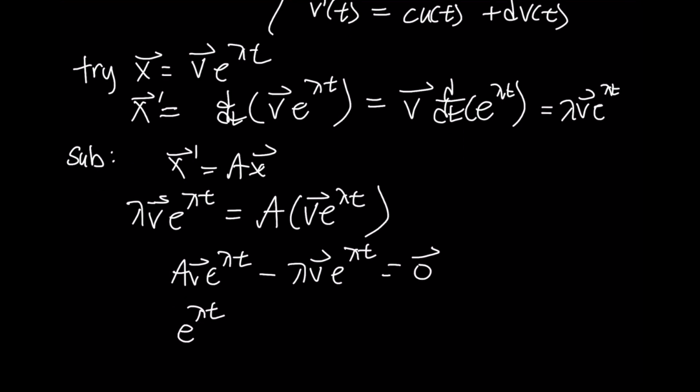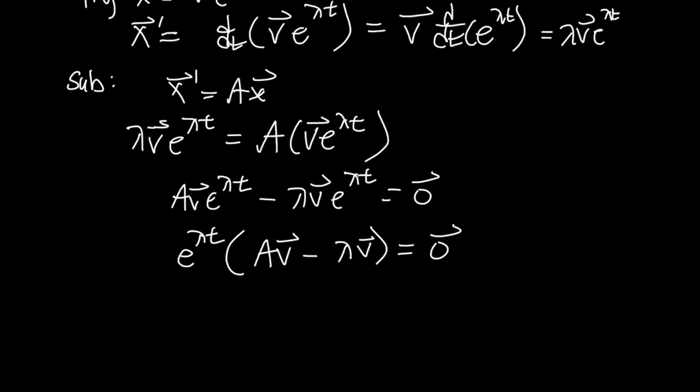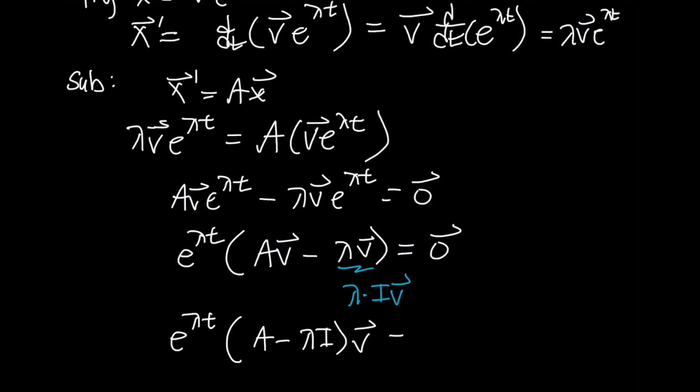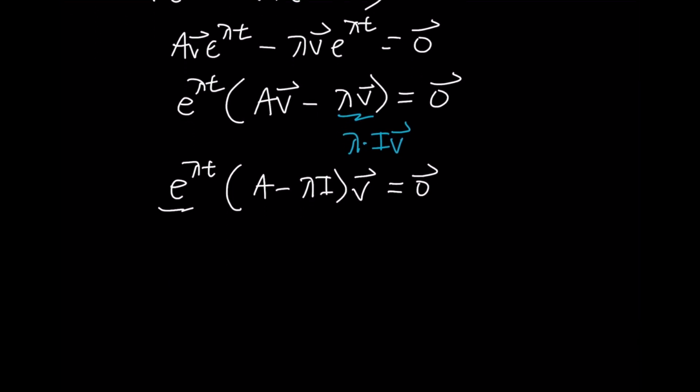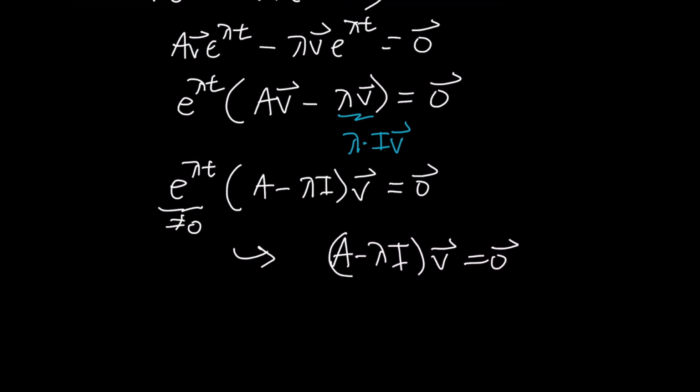There's a constant factor of e to the lambda t that I can take out, and you should see that this is going to start to look familiar. I'm going to rewrite this term as lambda times the identity matrix acting on v. Now we have the following: A minus lambda I times this vector v is 0. Because e to the lambda t can never be 0, what we are left with is our usual eigenvalue eigenvector problem.